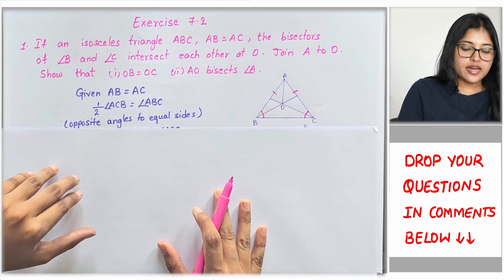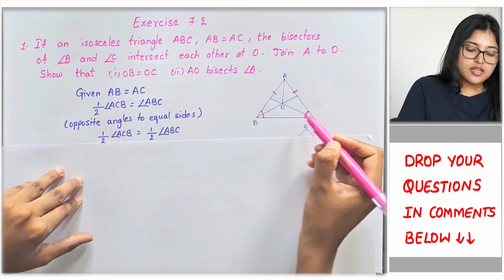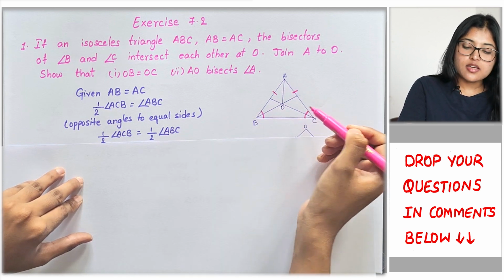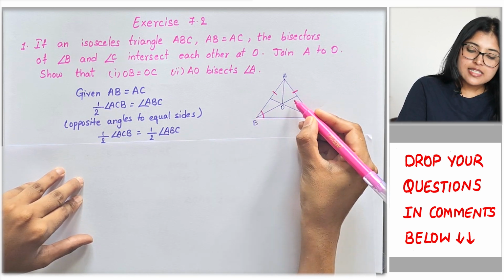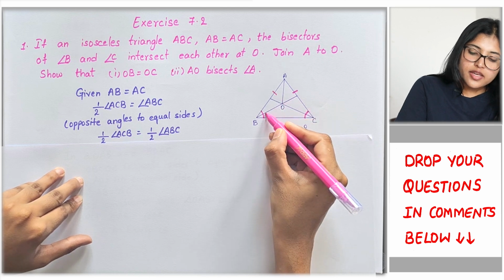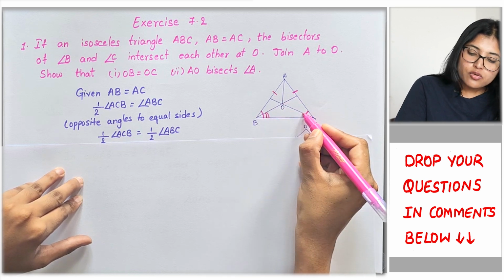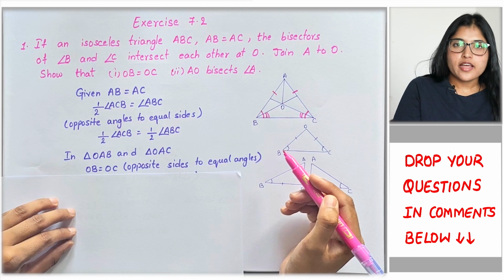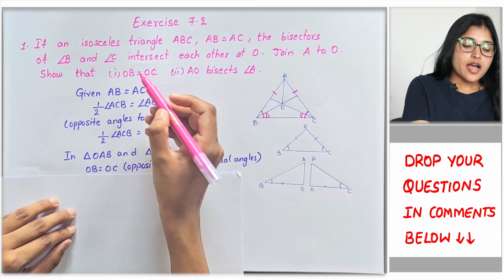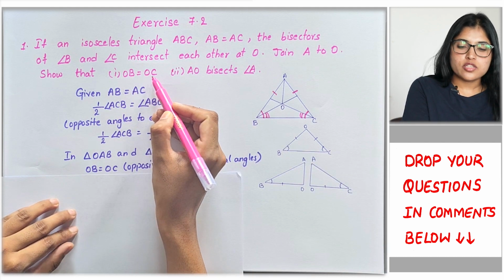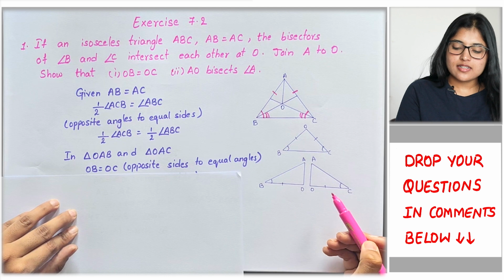From this, I can write half of angle ACB is equal to half of angle ABC, because here I have a bisector that's going to O. So, I can say this angle is also equal to this angle over here. Now that I have written down the given information, I have to prove that OB equals OC. For that, let me draw these three triangles separately.